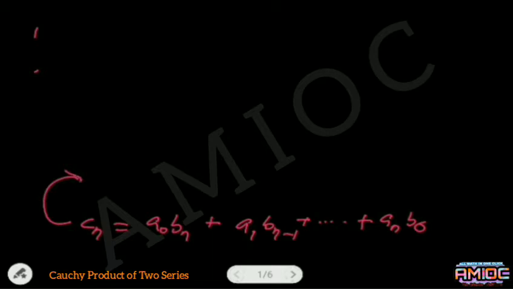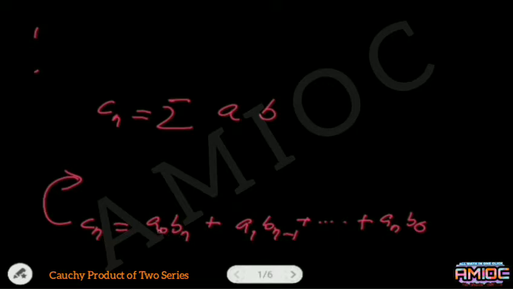If I am expressing this as the general term, cn is equal to summation. It can be expressed in two ways. Each of the terms is in a and b. And look at the indices. Here 0, n, 1, n minus 1, n, 0.